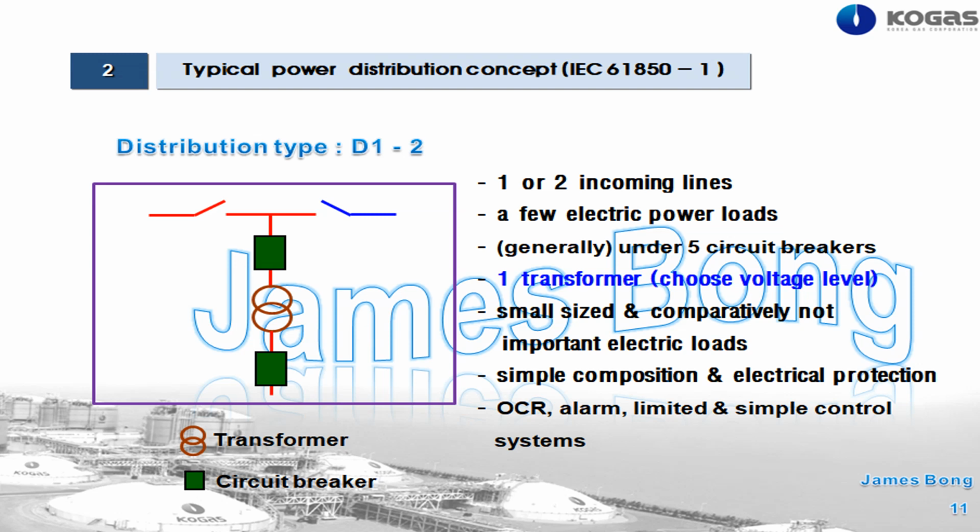In LNG plants, two incoming lines are necessary in case one incoming line is fatal or under repair, or the electricity quality has some problem in one incoming line, such as frequency or alternating voltage. This system is also suitable for a small plant with a few electric loads, generally under 5 circuit breakers.